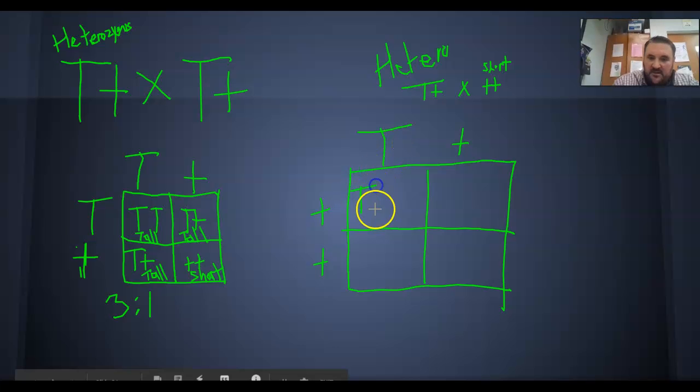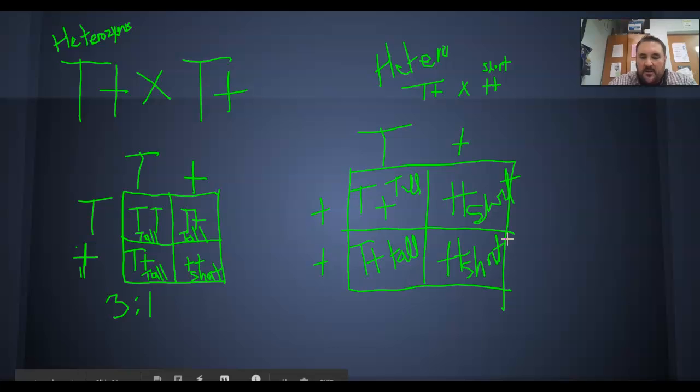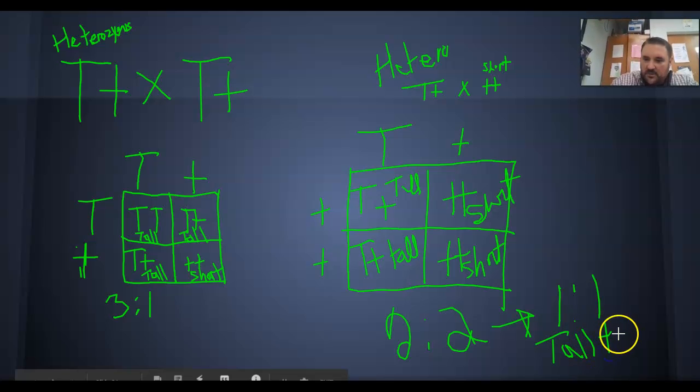So you end up with a heterozygous tall. You end up with another heterozygous tall. This one would be short, and this one would be short. Oh, by the way, tall and short are your phenotypes here. So this one has a ratio of 2 to 2, but we reduce that down to 1 to 1. 1 tall to 1 short.